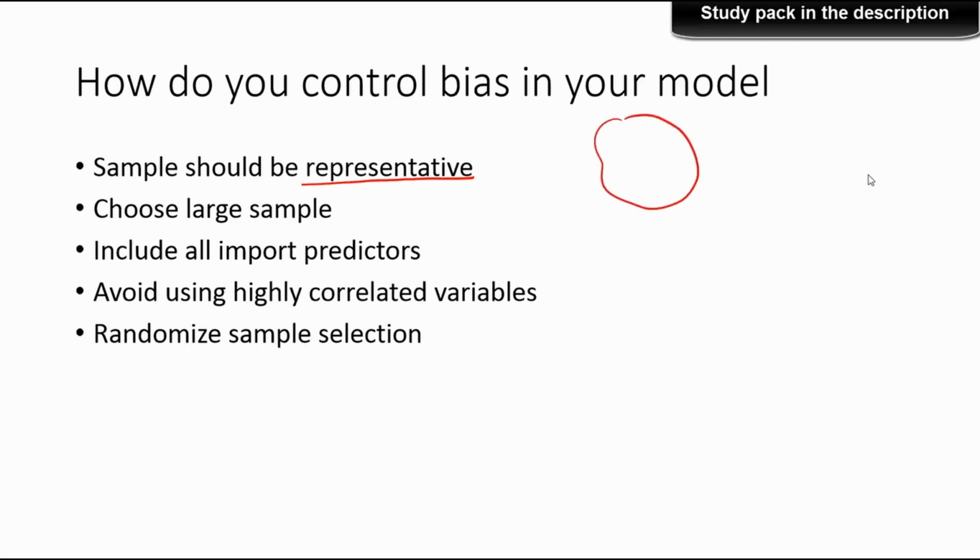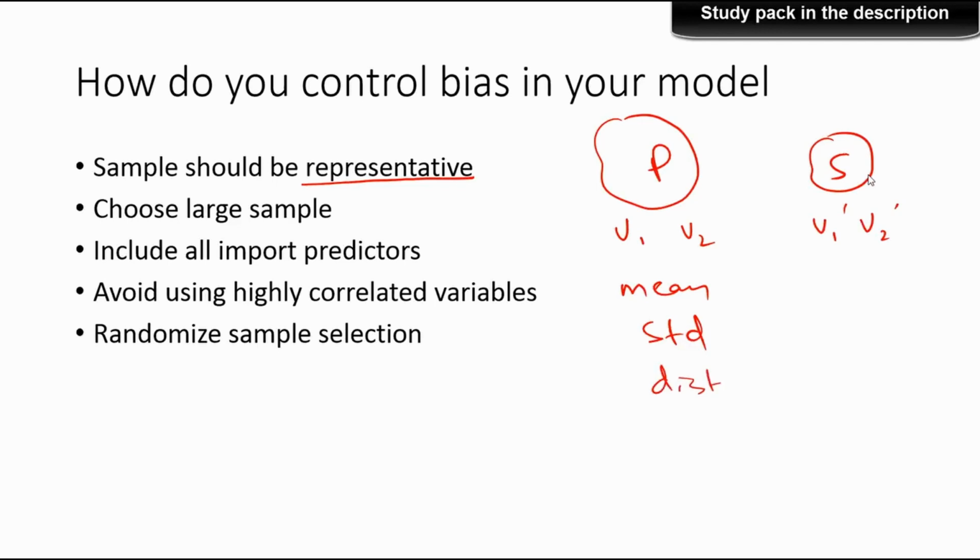You have a large population and you take a sample from that. This is the population and this is the sample, and let's say you have two variables, v1 and v2, and you have taken the sample as v1' and v2'. So the mean, the standard deviation, and maybe the sample distribution, all have to be similar in the sample; only then is it representative, otherwise it is not.